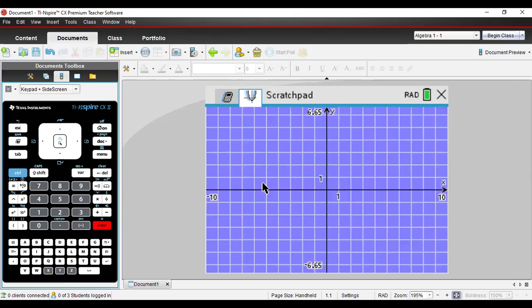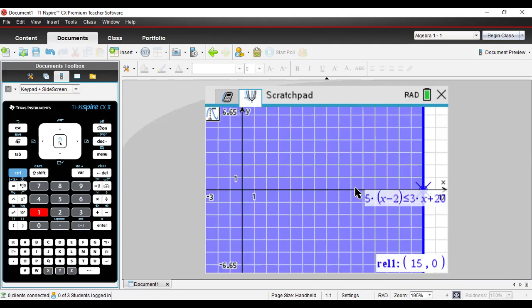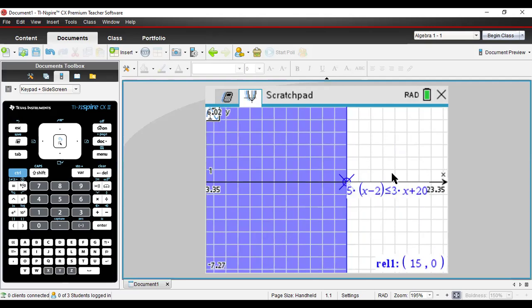Now, you don't see anything except a bunch of shading. Please don't panic. All you have to do now, and pretty much anytime you graph something as a relation, you should always remember this key, menu 51. So menu 51 is going to go to the boundaries. And here is the boundary. So I'm going to pull it over even a little bit more.